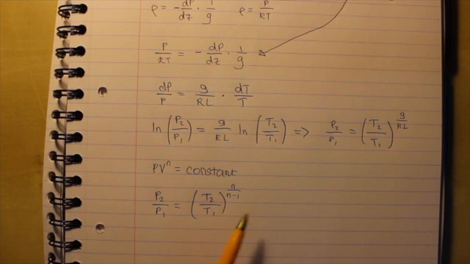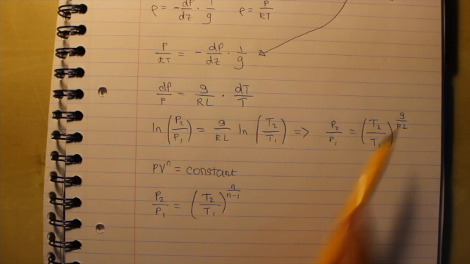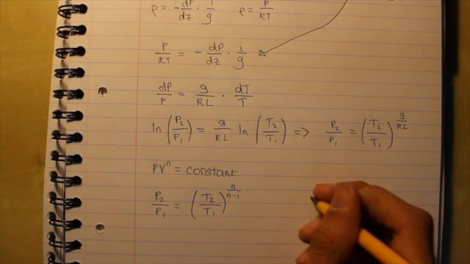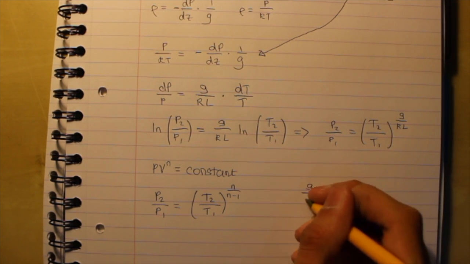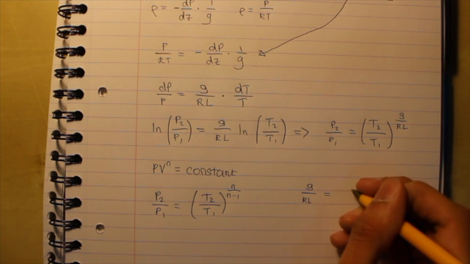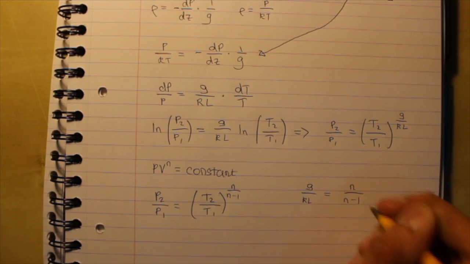So, since those two are pretty much the same, we can compare the coefficients. So g over RL is equal to n over n minus 1.